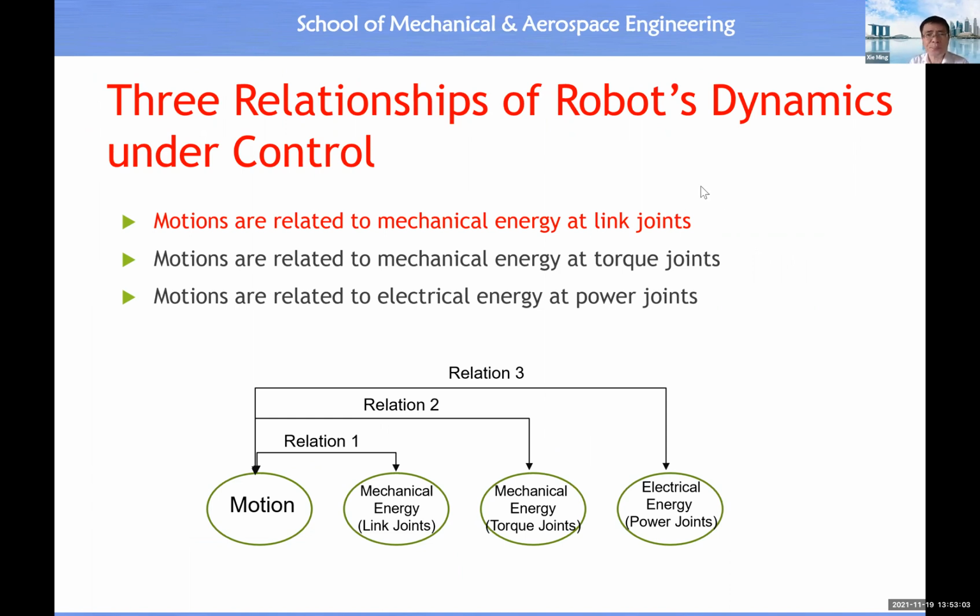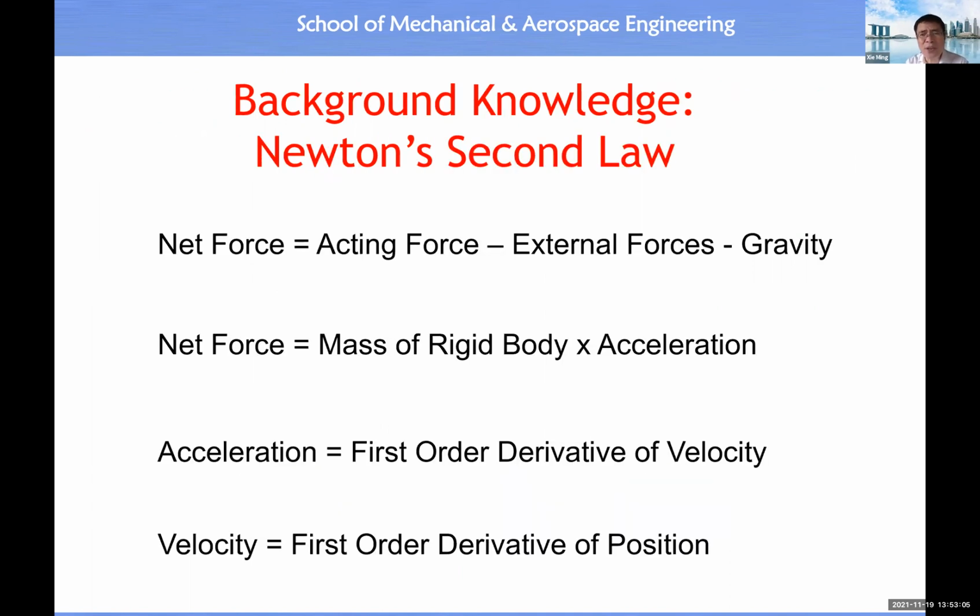Before we look at some example of dynamics at the link joint, it is always good to remind you about the background knowledge, which is the use of Newton's second law. In order to use Newton's second law, we need to know what is the net force acting on a rigid body.